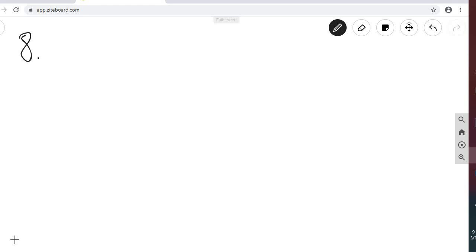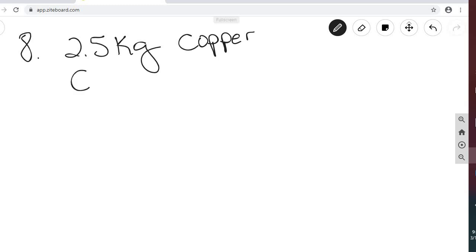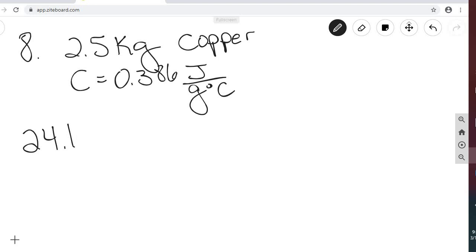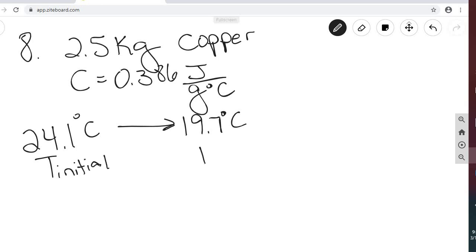Number 8 says we have a 2.5 kilogram sample of copper, and we are told that the specific heat for copper is 0.386 joules per gram degrees C. And it says that copper starts out at a temperature of 24.1 degrees C, and it experiences a change in temperature to 19.7 degrees C. So this would be T initial, the temperature that it starts out as. This would be T final.